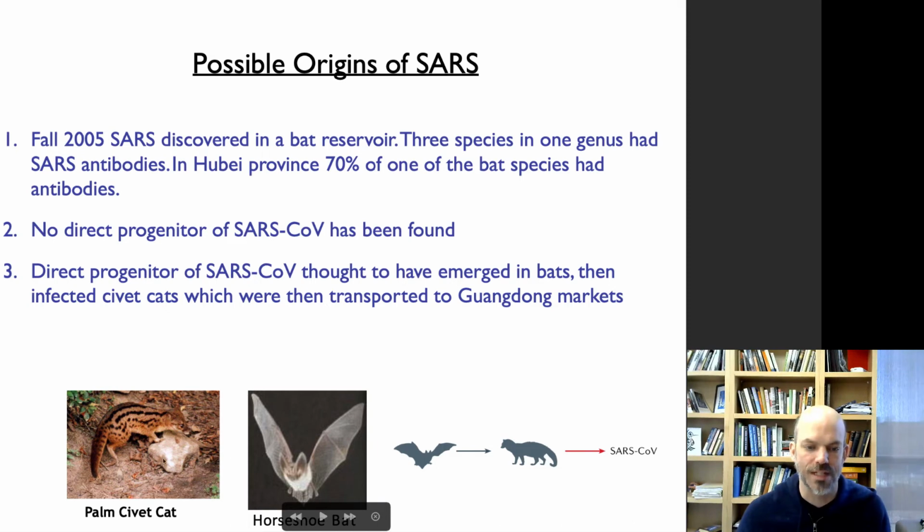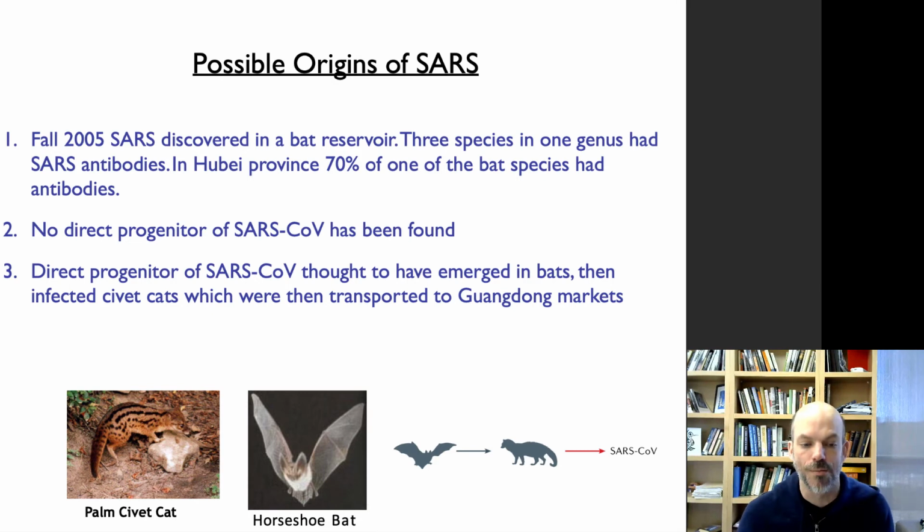The palm civet cat, which is a very strange mammal you should read about, was perhaps the intermediate host, that somehow a palm civet cat contracted a coronavirus from a bat, and then palm civet cats, which are also known to be sold at the meat market, were then transmitted to humans. It was transmitted to humans from there, perhaps because of interaction with the animals at the meat markets.